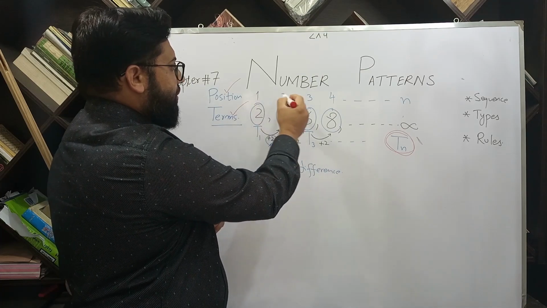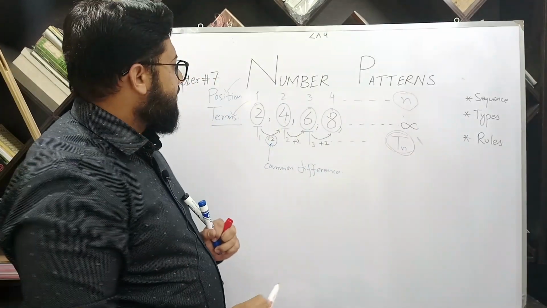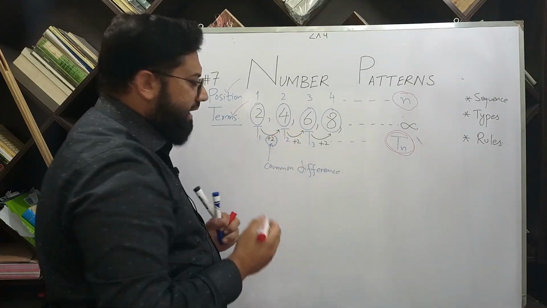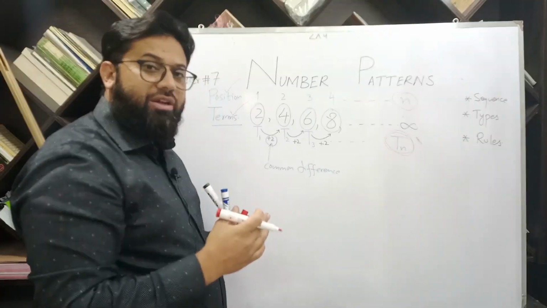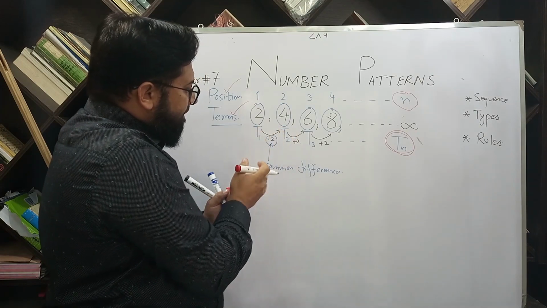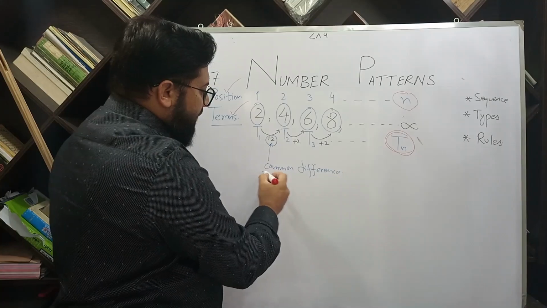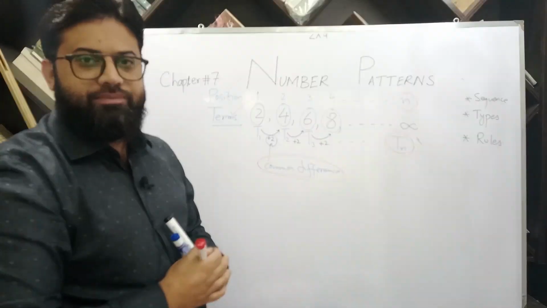Position starts from 1, 2, 3 up to the nth position, which is the last position. And the third point is the number which is continuously adding, or for example there could be minus 2 as well, or it could be multiplied by 2 or divided by 2. The number which is added to the previous term to get the next term is called the common difference. Right?